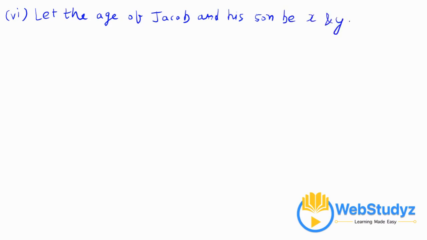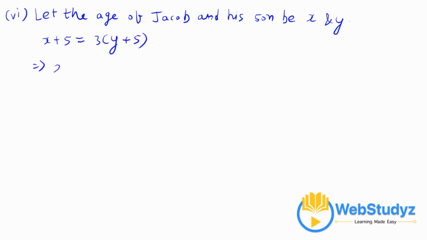So let the age of Jacob and his son be x and y. Now according to the question, x plus 5 equals 3 into y plus 5.